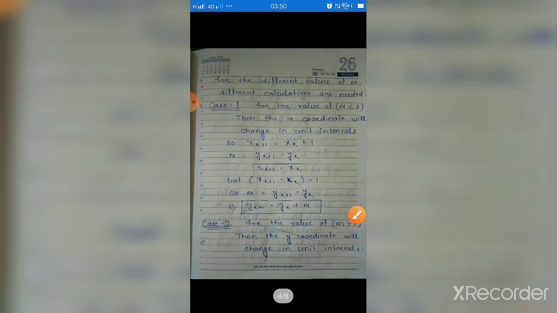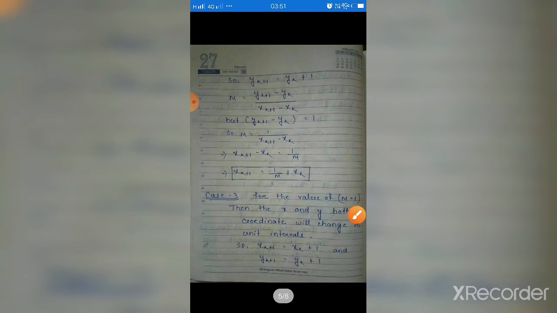In the second case, for the value of m greater than 1, the y coordinate will change in unit intervals. Let us discuss how.